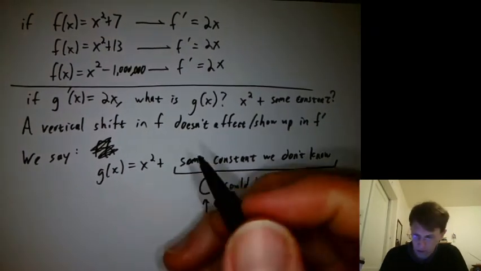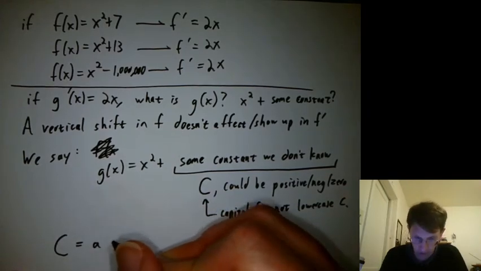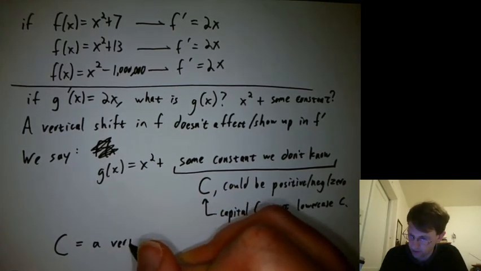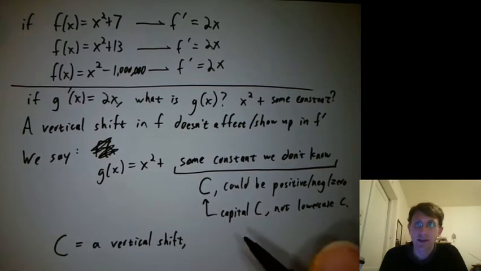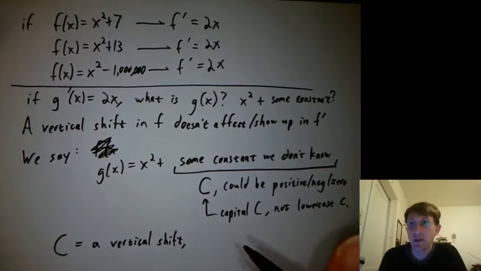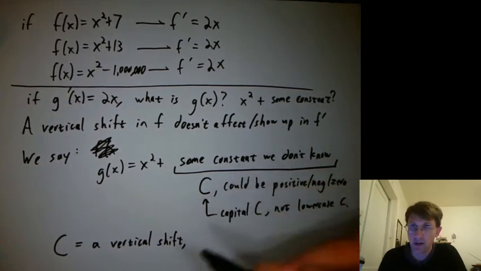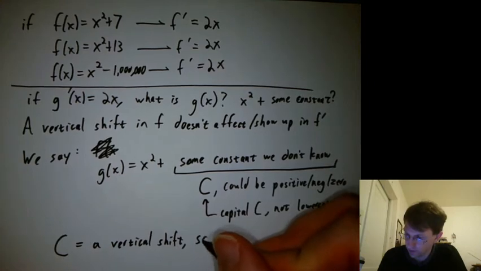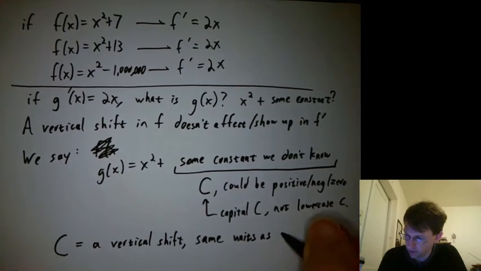So to summarize here, capital C is a vertical shift. It's kind of like a y value. It has the same units as y, but it's not necessarily the y-intercept. It's not always the y-intercept.